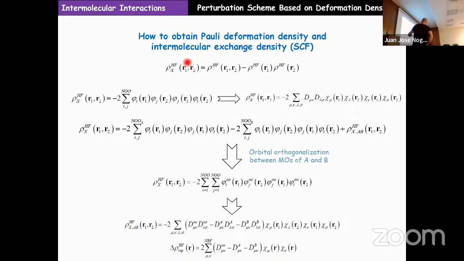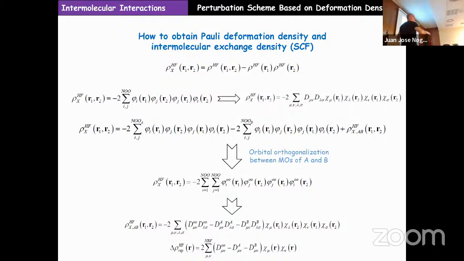We know that the exchange energy is related to the difference between the two electron density minus the unconditional probability, which is the product of the one electron densities. Okay, this is the exchange density. So this is a quantum effect. In Hartree-Fock, we can exactly represent the exchange density with an orbital basis. These are the Hartree-Fock orbitals.